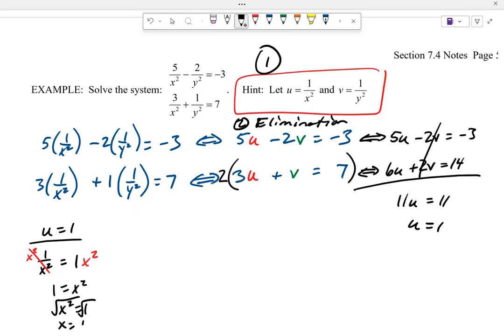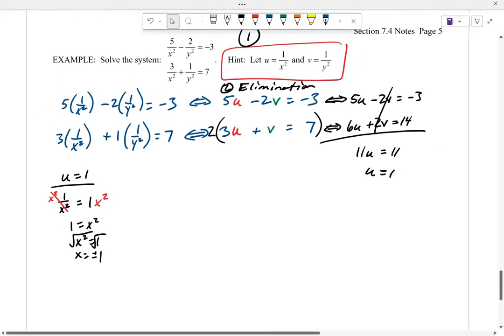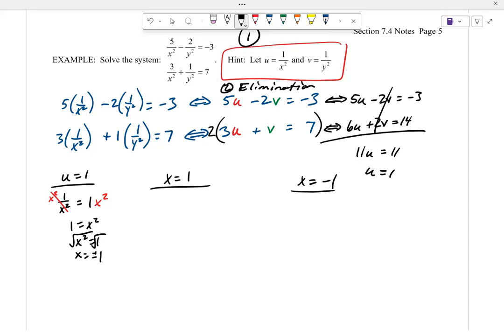So x could be plus or minus 1 on that. So what would y be? Well, I could plug it back into either one. If x is 1, or x could be negative 1, I just got to pick either one of those originals.